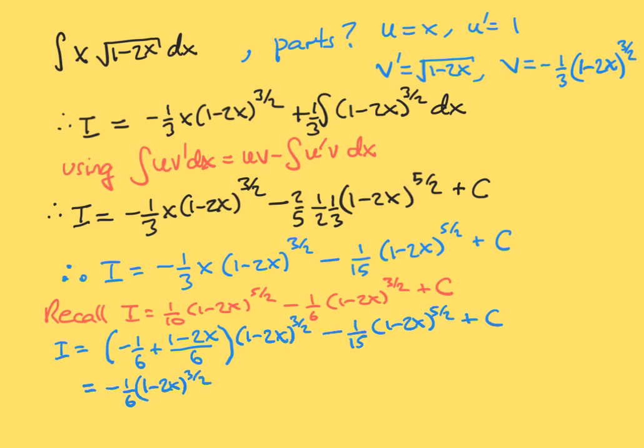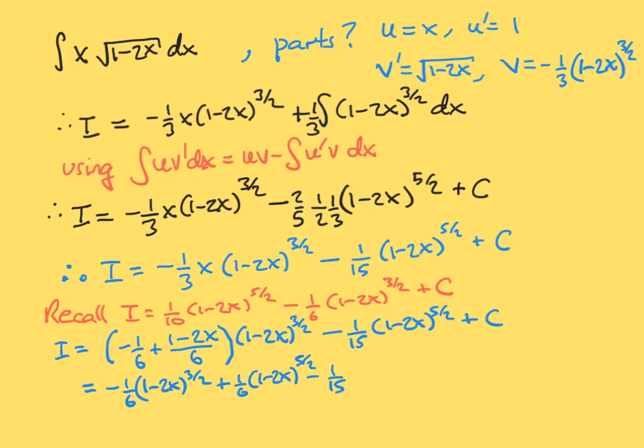I'm now just expanding this combination here. So it's minus a 6th times that, plus this times that. So it's plus 1/6, 1 minus 2x to the 5 halves, minus 1/15.